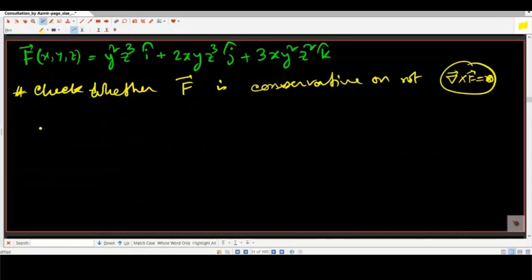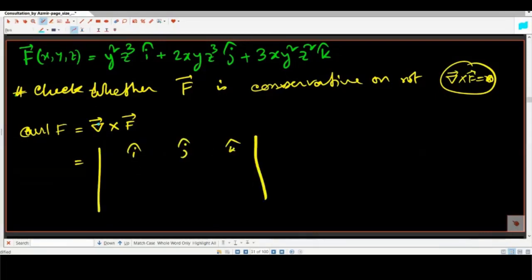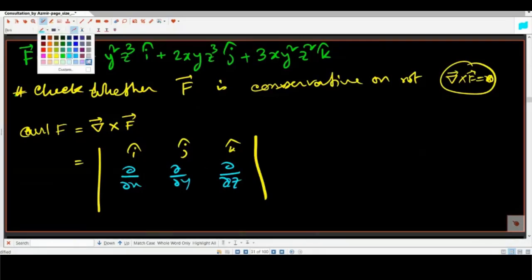So we have to find the curl of f, that is the cross product of del and f. So i, j and k. Del is ddx, ddy, ddz, and now we have to keep the components of f.